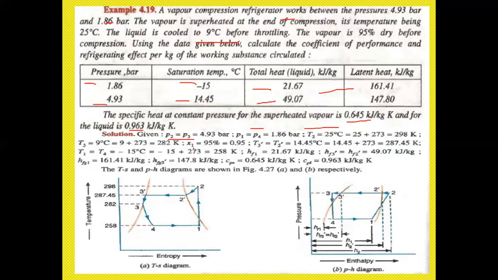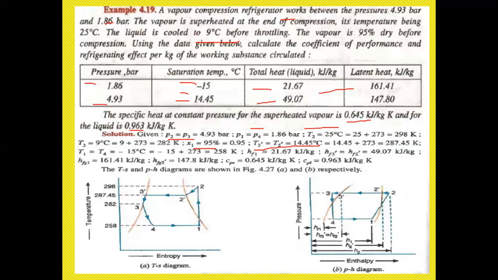And it says the vapor is 95% dry before compression, therefore x1 is equal to 0.95, and T3 dash is equal to T2 dash, that is 14.45 plus 273.